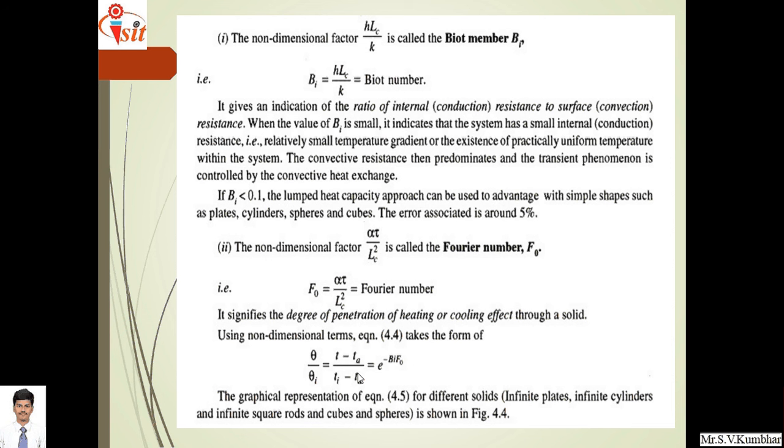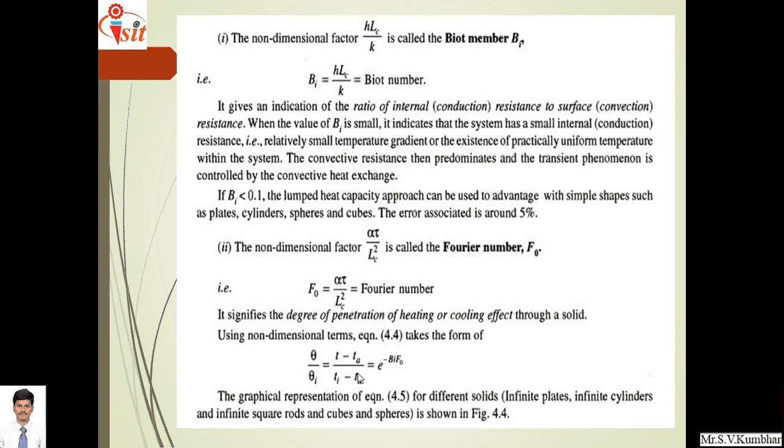When the value of the Biot number is very small, it indicates that the system has a small internal conduction resistance, that is, a relatively small temperature gradient, or the existence of practically uniform temperature within the system. The convective resistance then predominates and the transient phenomenon is controlled by convective heat exchange only.